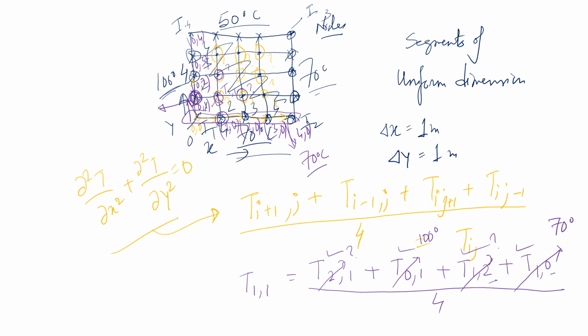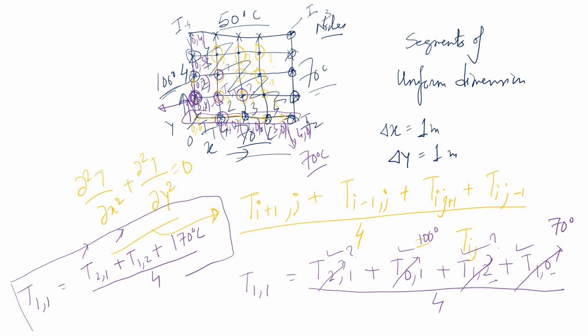So you see T11 will be T21 plus T12 plus 170 degrees centigrade, divided by 4. So here we have two unknowns, and this is the equation which represents the temperature at this first point.